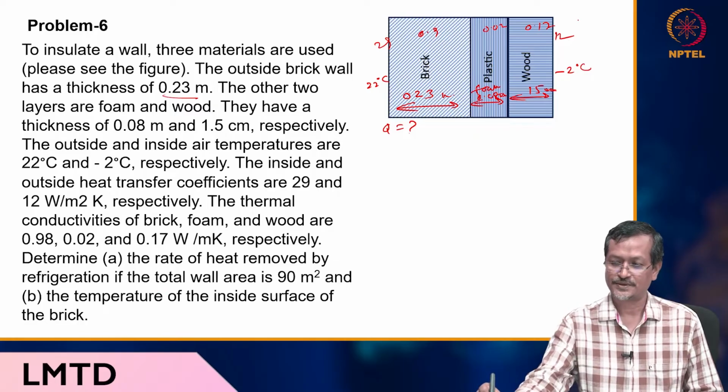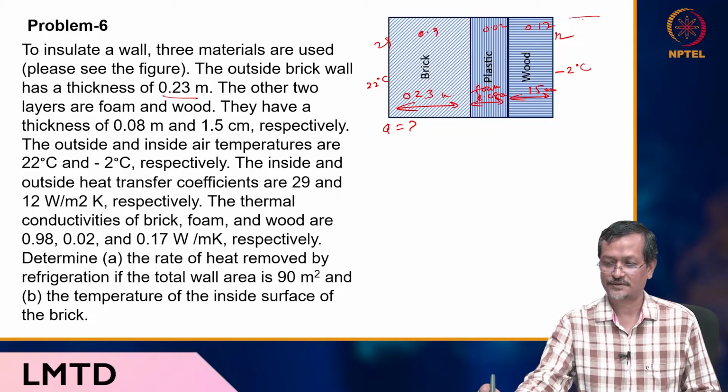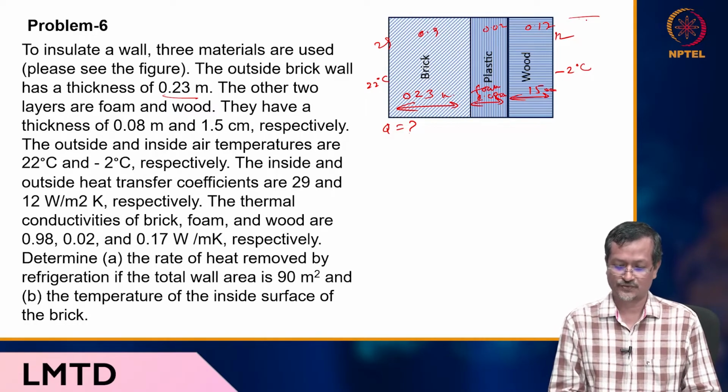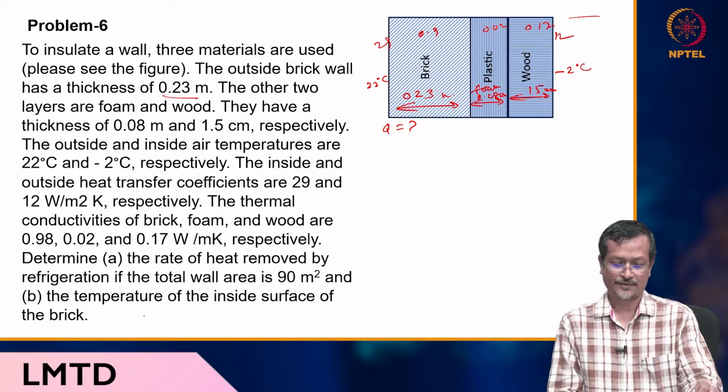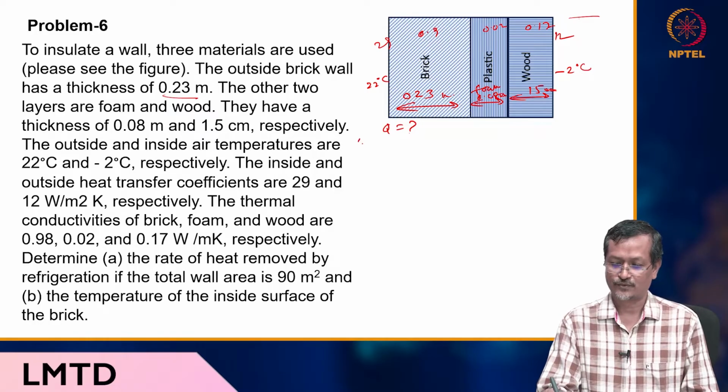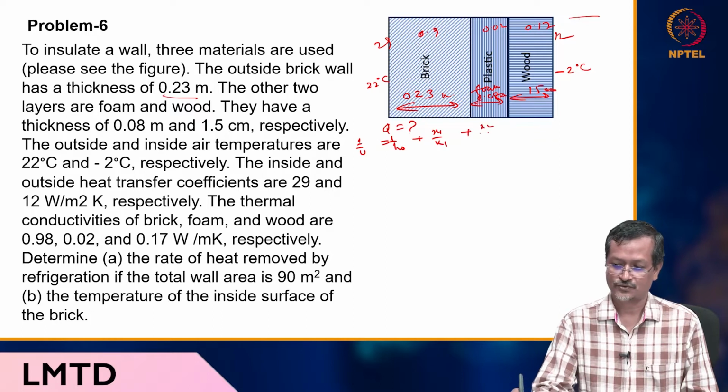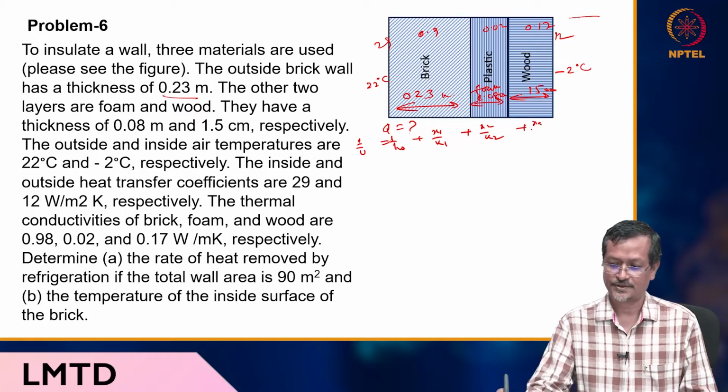We are assuming this is the inside temperature, used for refrigeration purposes, maybe a cold storage application. You have to calculate the temperature of the inside surface of the brick. So the formula is 1 by U equals 1 by HO plus x1 by k1 plus x2 by k2 plus x3 by k3 plus 1 by hi.